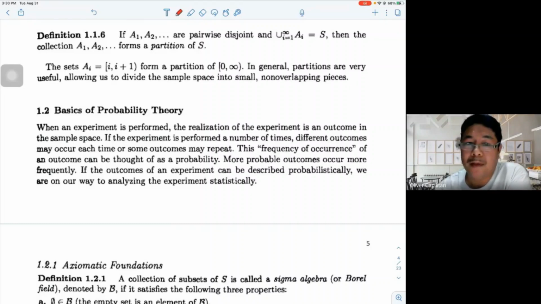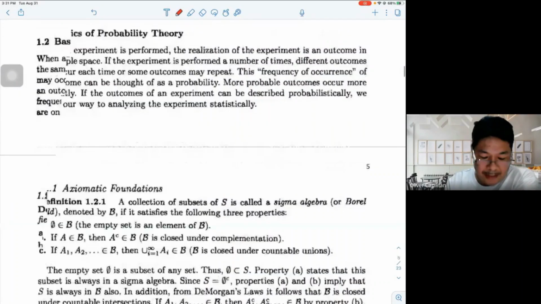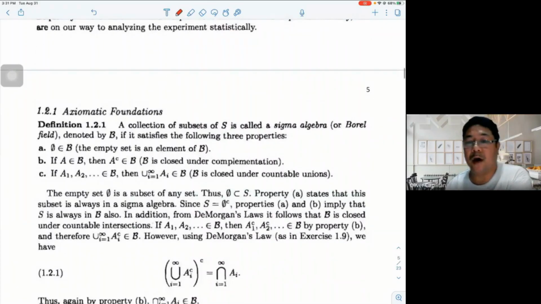So more probable outcomes occur more frequently. If the outcomes of an experiment can be described probabilistically, we are on our way to analyzing the experiment statistically. So for this subsection, we have the axiomatic foundations of our definition of probability.